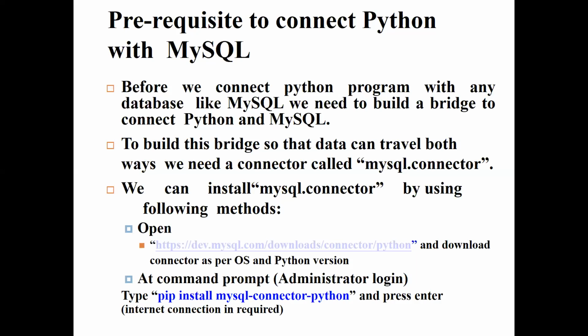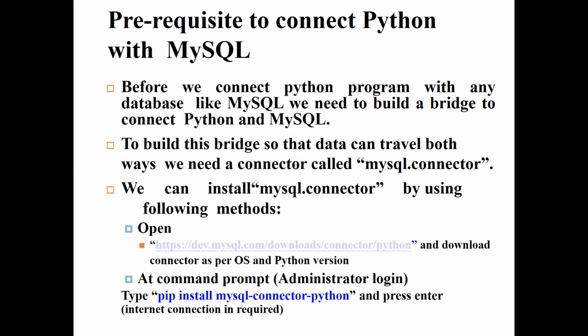Once you install your MySQL, to use the MySQL connector with Python, first you have to install the MySQL connector. We have already studied that Python can connect to any of the databases. To connect Python to MySQL, you have to install the respective module.